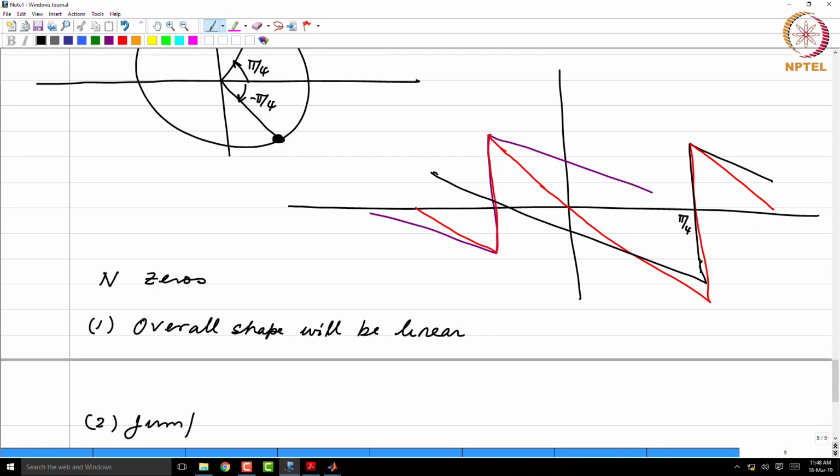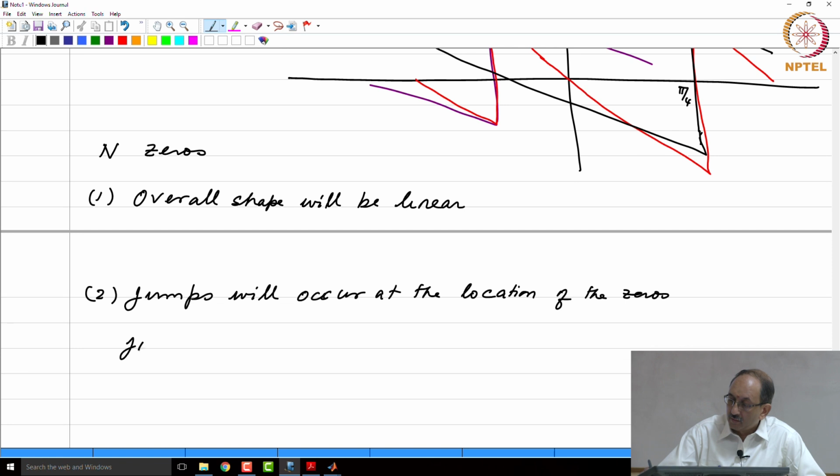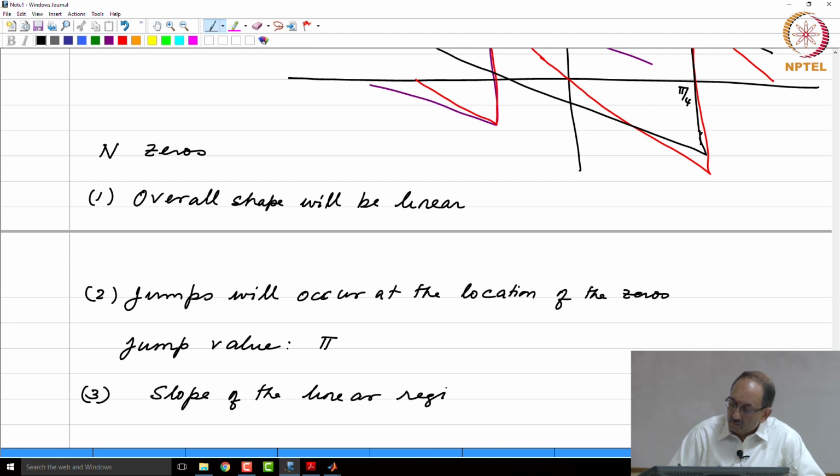And jumps will occur at the location of the zeros, and the jump value will always be pi, and the slope of the linear region, remember you are adding n such sawtooth type waveforms, each sawtooth waveform has a slope of minus half.